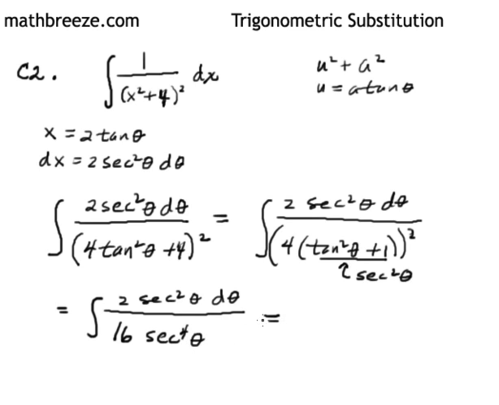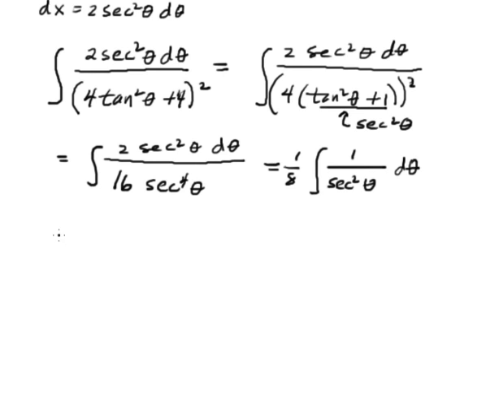All right, and let's divide over here. So here we have 2 over 16. Let's write 1/8 on the outside. And here we have 1 over secant squared theta. One over secant squared theta, that's cosine squared theta. So we have 1/8 integral of cos squared theta d theta.